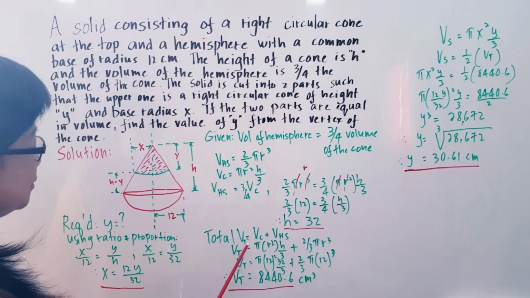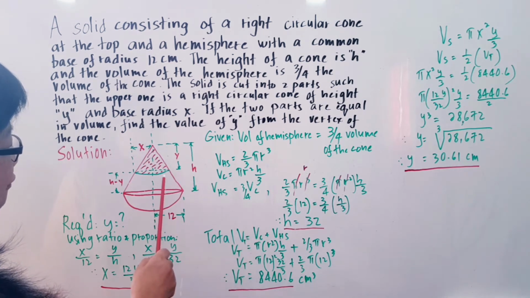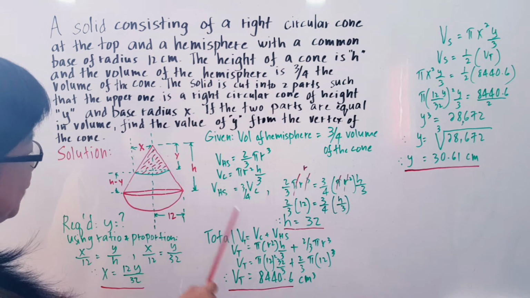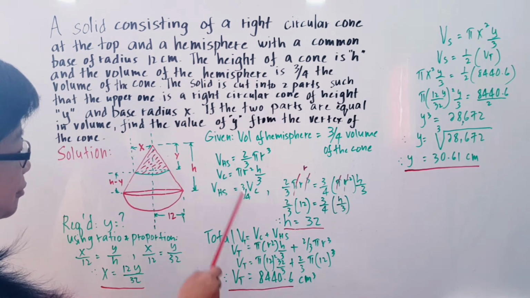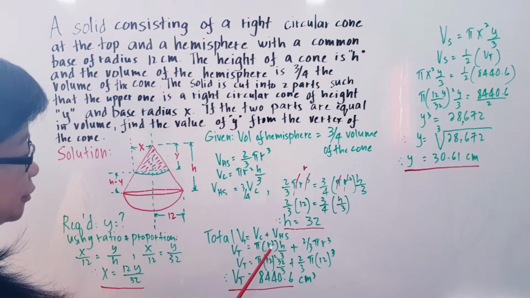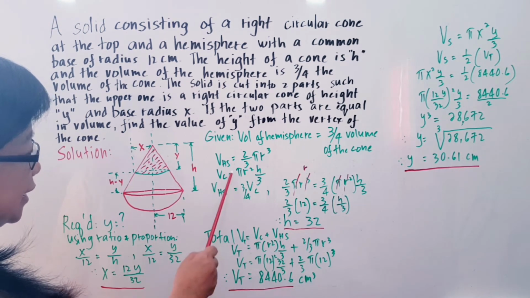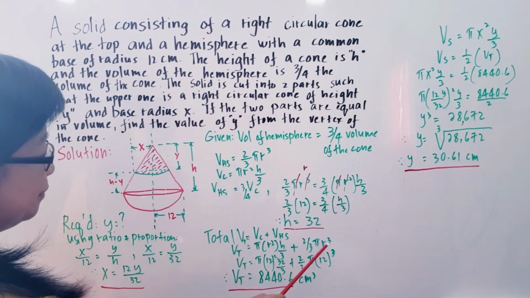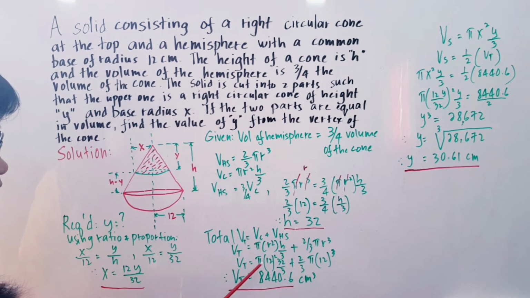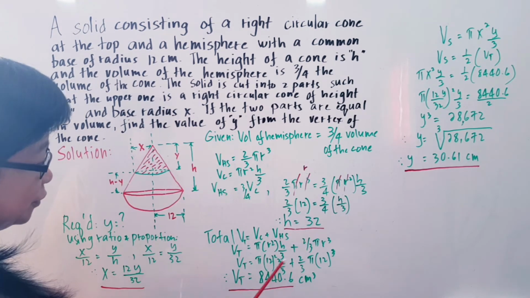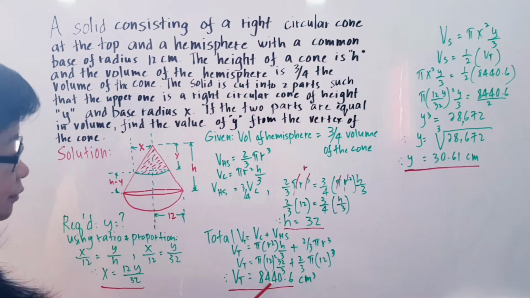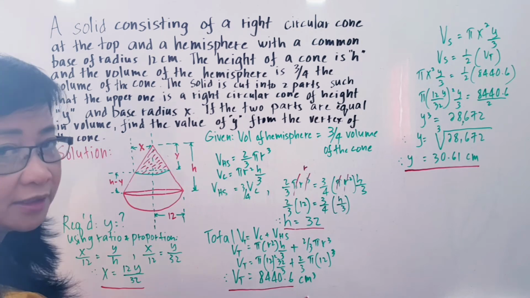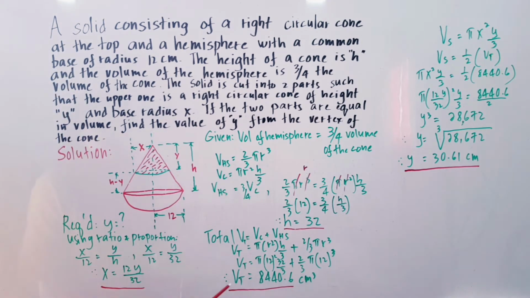So, ang total volume nito is equal to volume of the cone plus the volume of the hemisphere, which is pi r squared h over 3 plus 2/3 pi r cubed. Substituting the value of r, which is 12, and h, which is 32, volume total, therefore, of this solid material is equal to 8440.6 cm cubed. Yun ang volume total niya.